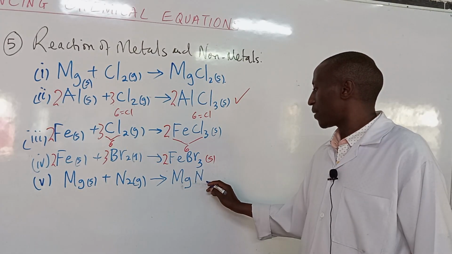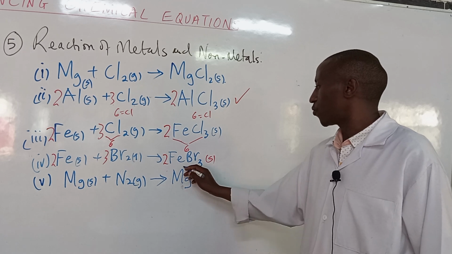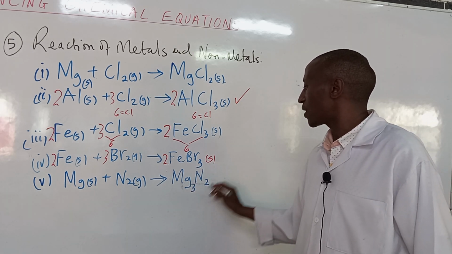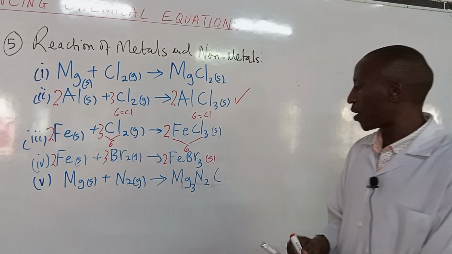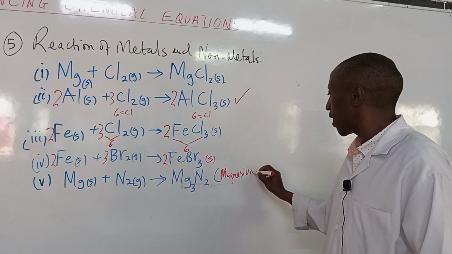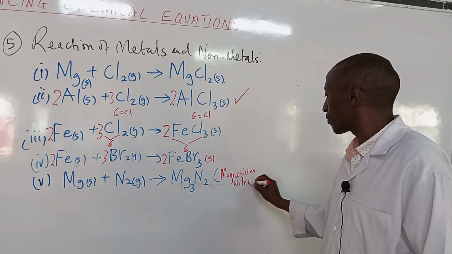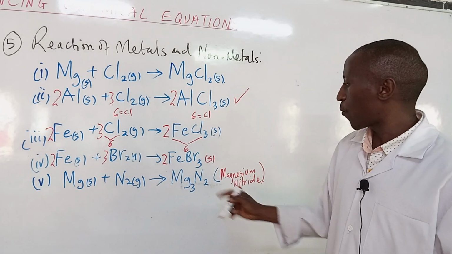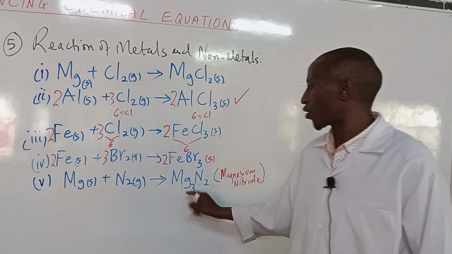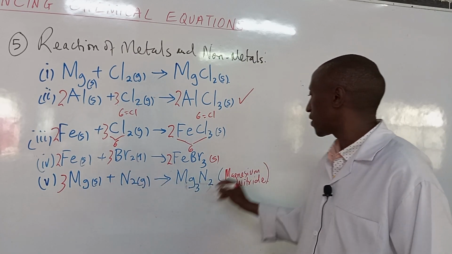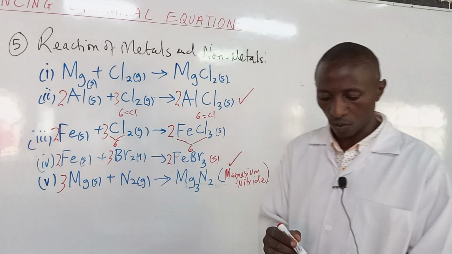The valence of magnesium is a 2, so we bring it down here. That of nitrogen is a 3. So that is the formula for this compound we are calling magnesium nitride. Now we balance that. 3 magnesium atoms creates 3 here. Nitrogens are 2, and they are balanced, so that equation is okay.